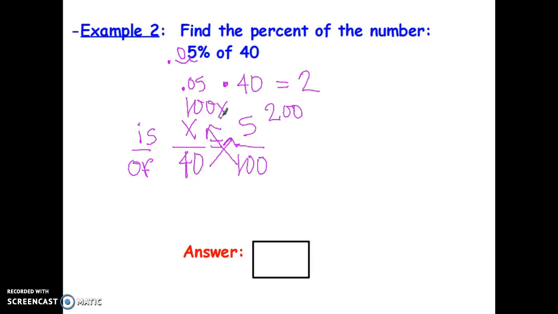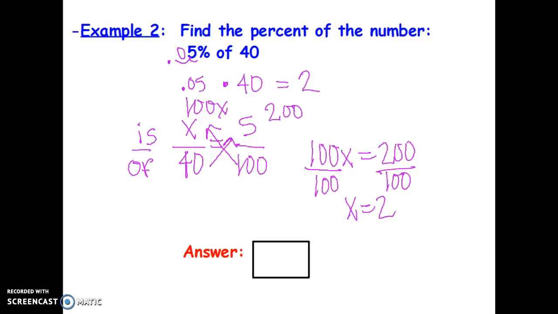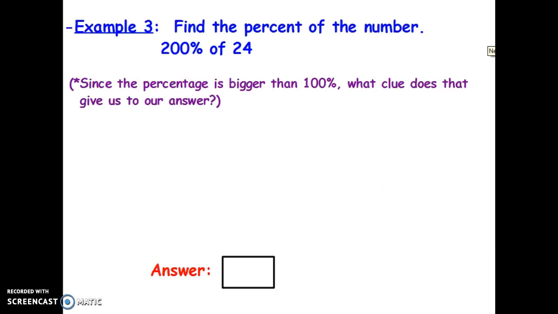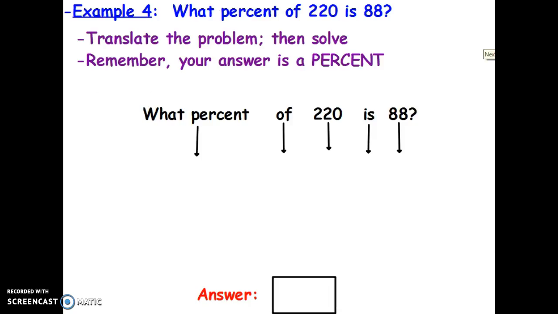And so then we solve our equation. 100x is equal to 200. When we divide, we get x is equal to 2. I'm going to skip through this one.